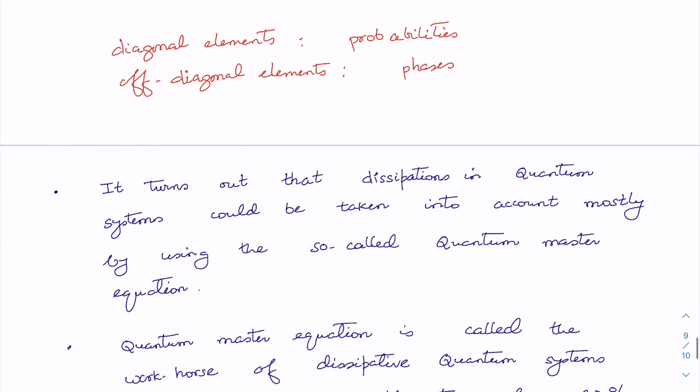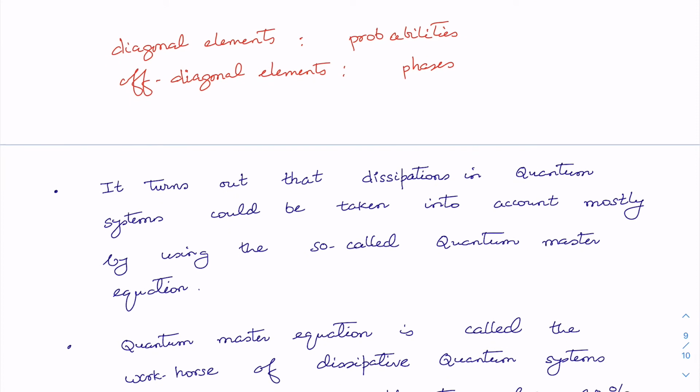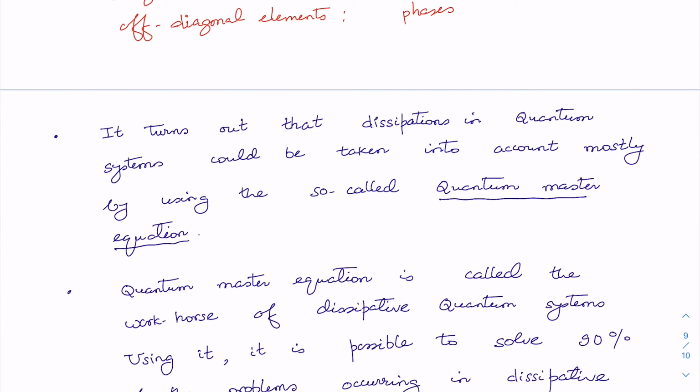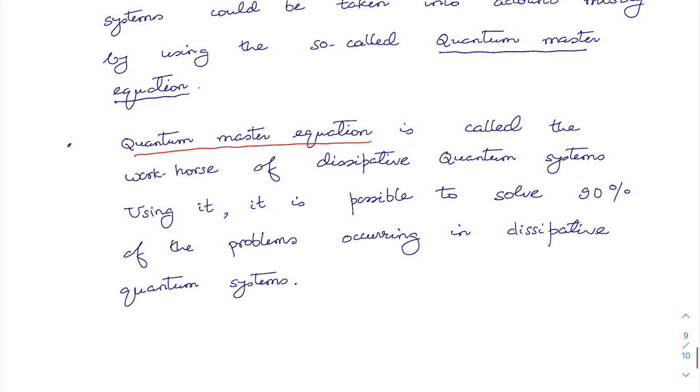Now it turns out that dissipation in quantum systems can be taken into account by using the so-called quantum master equation approach. This is the topic for today's lecture. In fact this quantum master equation is known as the workhorse for dissipative quantum systems, and it is possible to take into account around 90% of the problems related to dissipation using it.